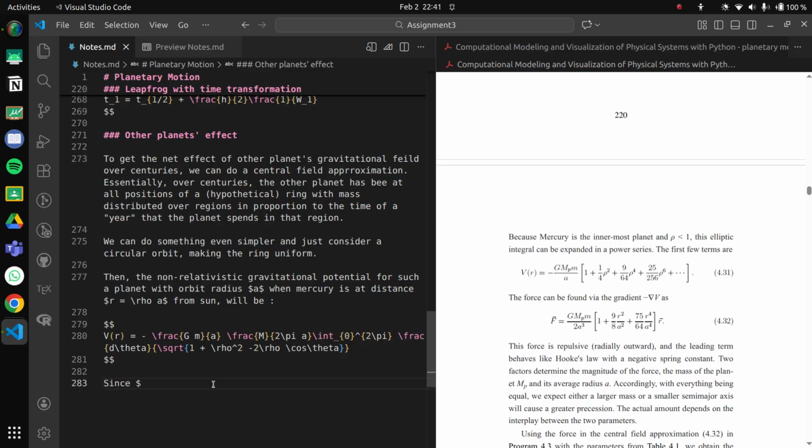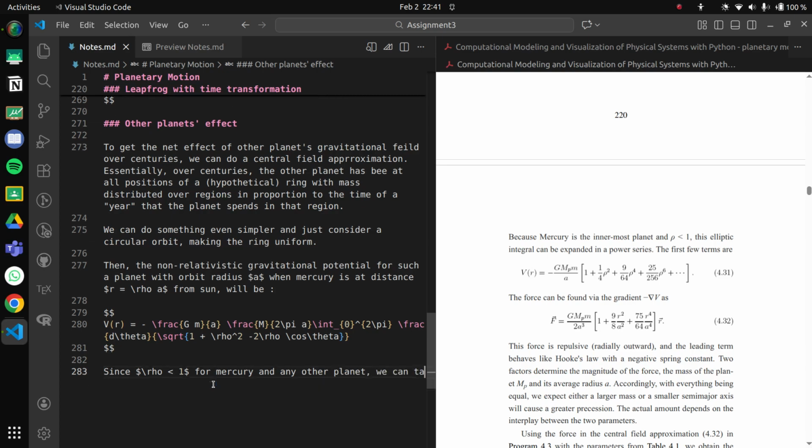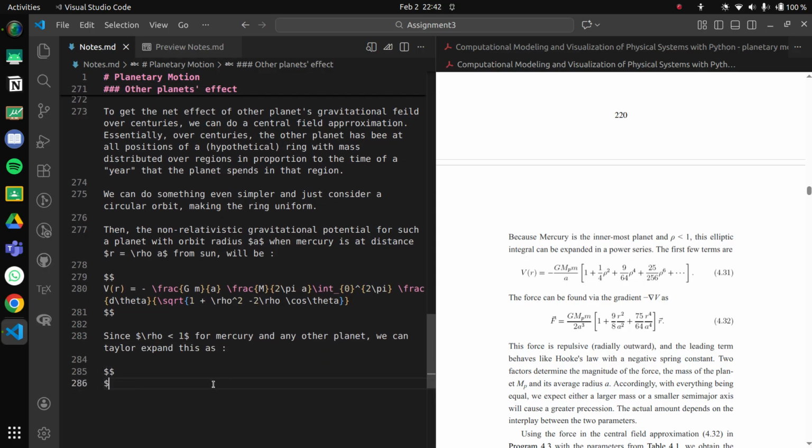Since rho is less than 1 for Mercury and any other planet, we can Taylor expand this as, basically, we'll have it till some particular order.